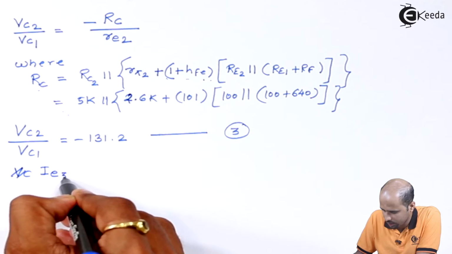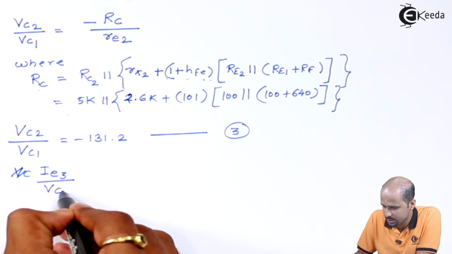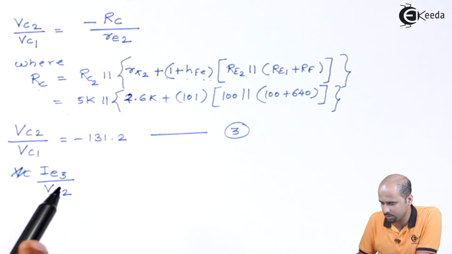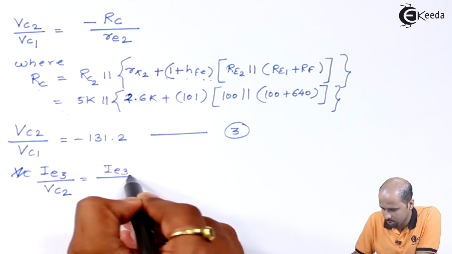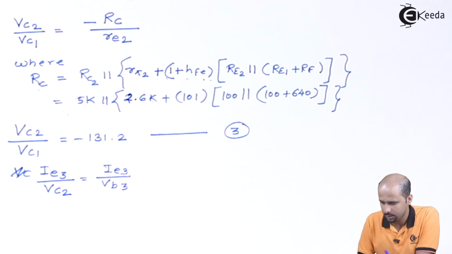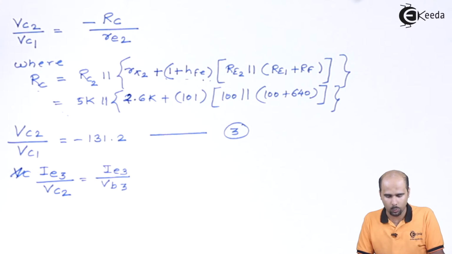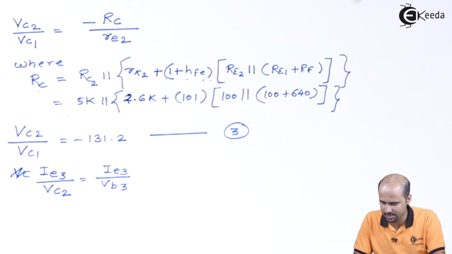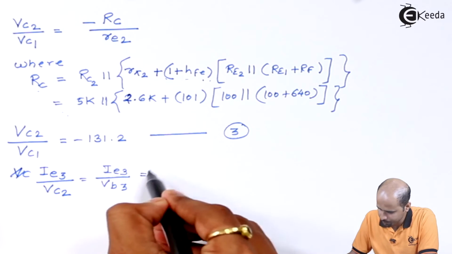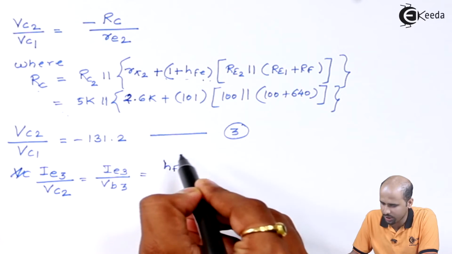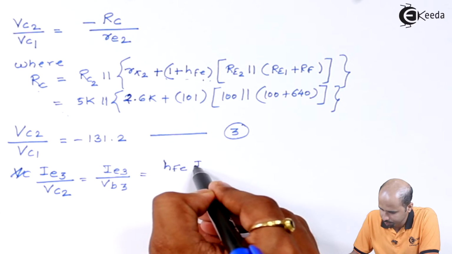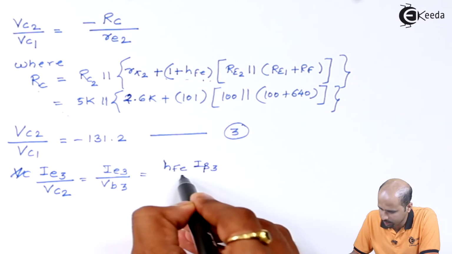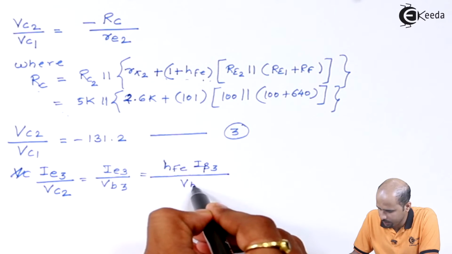So consider that we want to calculate the value of IE3 divided by VC2, right? I know what the value of VC2 is. VC2 is nothing but VB3, right? So I can easily say what that value will be. If I take this IE3 as nearly HFE, it's actually 1 plus HFE, HFE into IB3 divided by VB3.